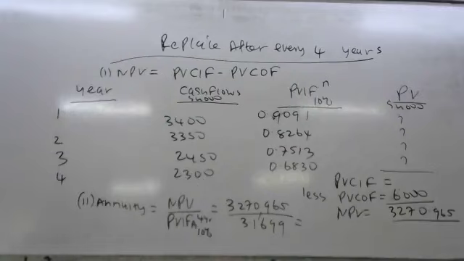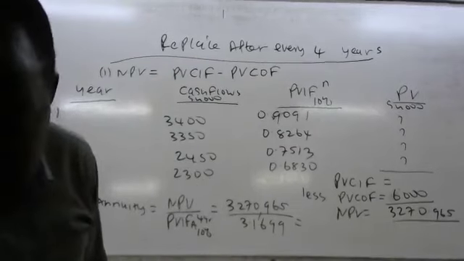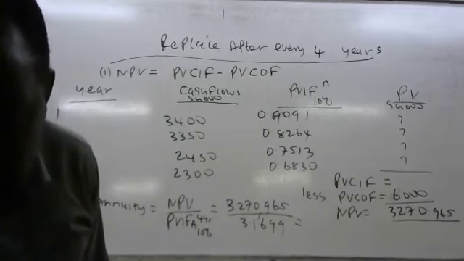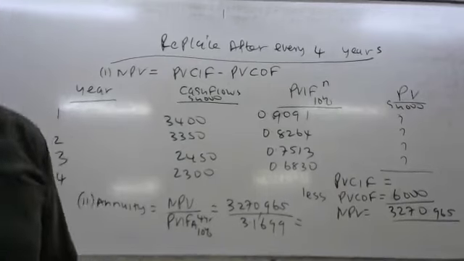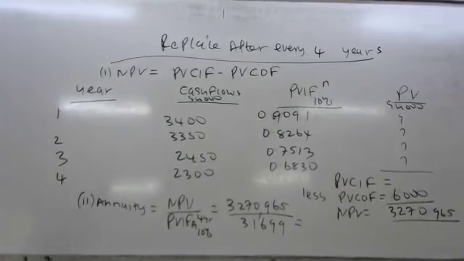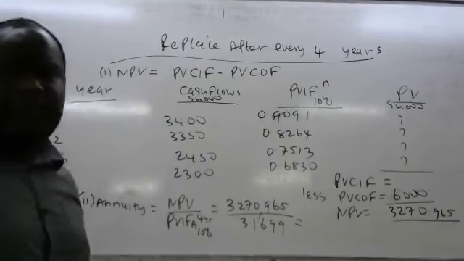When you replace after every 2 years. So which one has a higher annuity? Year 1, year 2, year 3, or year 4? So the one for year 2.